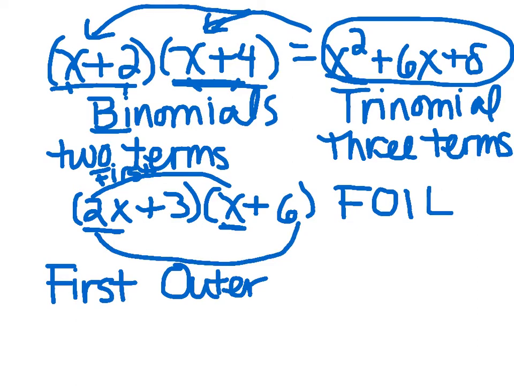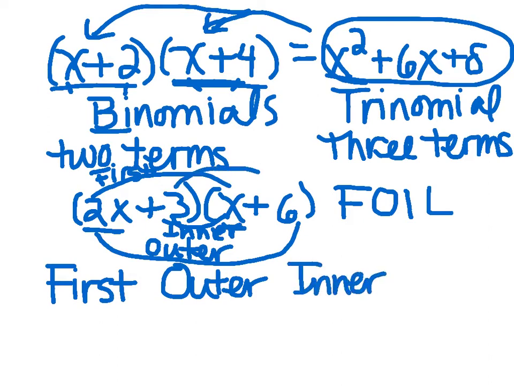They're on the outside edges of the two binomials. So that stands for outer. The inner are the inside. That's inner. And the L stands for last. That's FOIL. First, outer, inner, last.